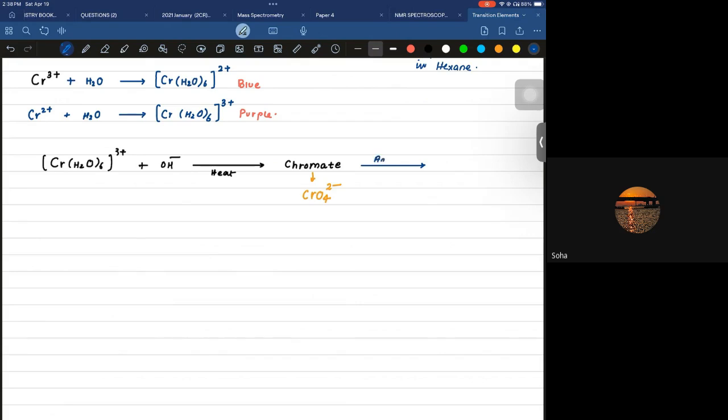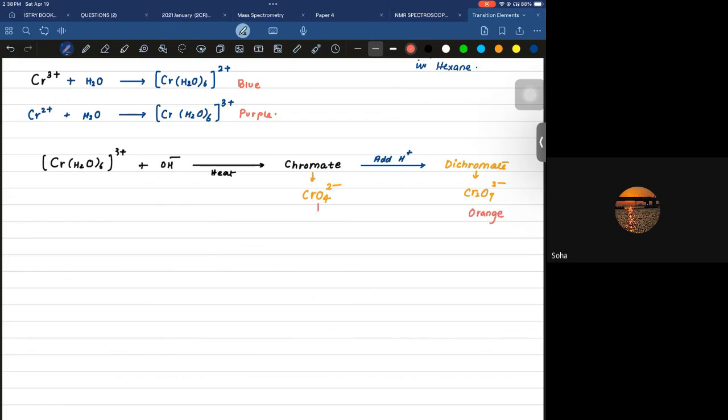Moreover, I'm adding again sodium hydroxide, or you can say adding H plus, adding acid. You will see that dichromate is formed, that is Cr2O7 2 minus. You know the color of dichromate? Orange.